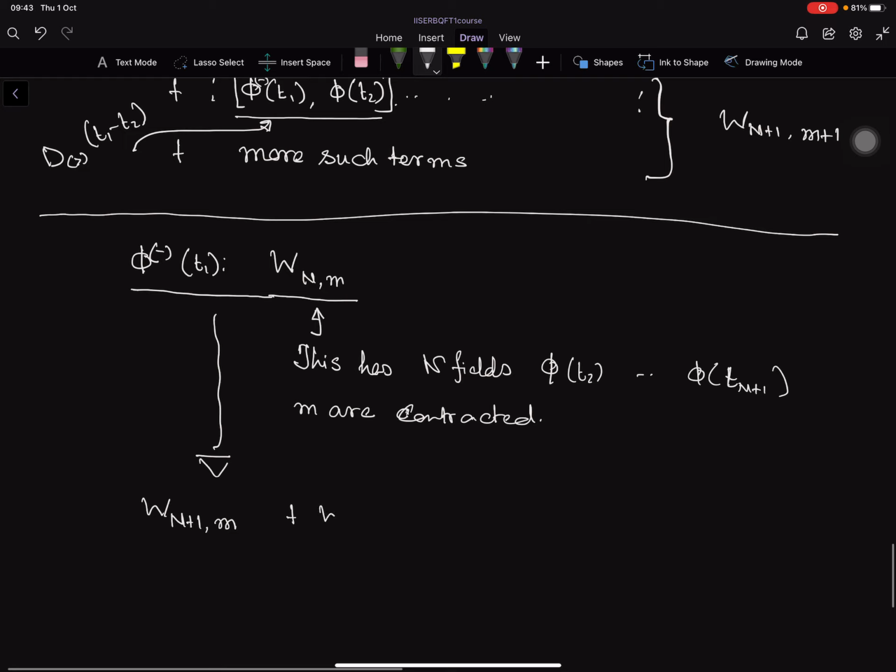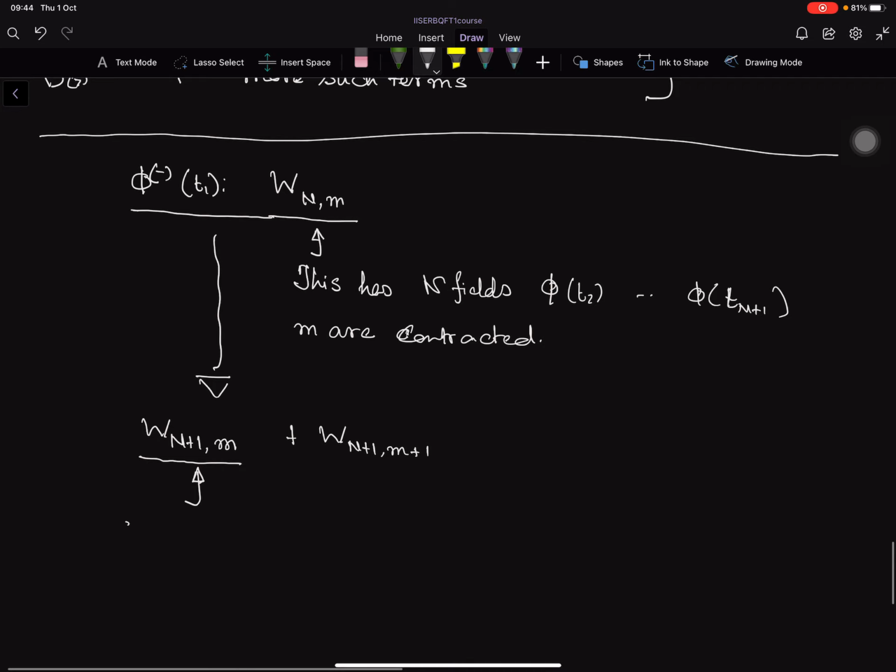There are two very particular types, I will come to this. In this part, though this is Wn plus 1 m, only phi 2 to phi n plus 1 can be contracted here.